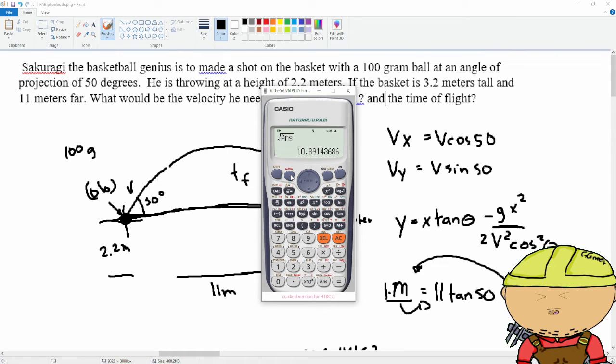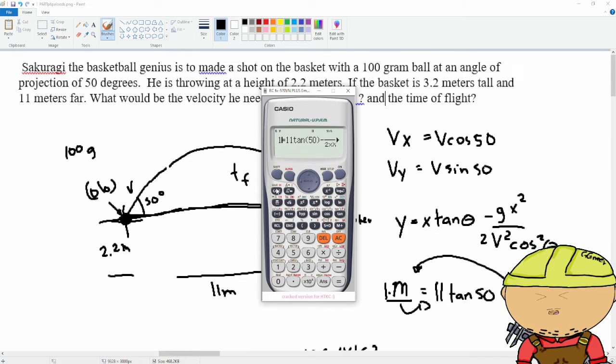How about let's just do this. 1 is equal to 11 tangent 50 minus 9.81 times 11 squared divided by 2 times x squared, that's the unknown value, times cosine 50 squared.